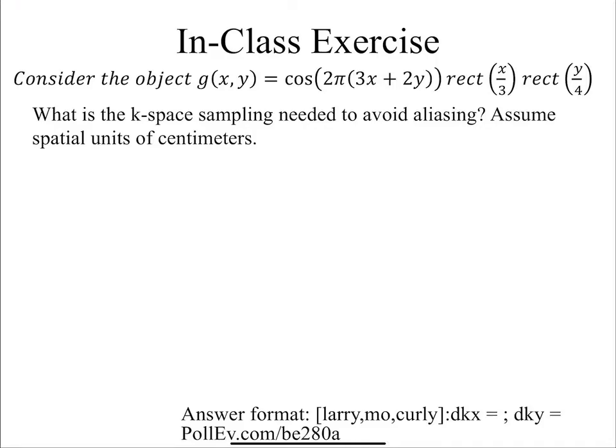Okay, so this is your object. Take a few minutes, look at the equation for the object, and then tell me what the delta kx and the delta ky are that are needed to sample this object or to avoid aliasing for this object.